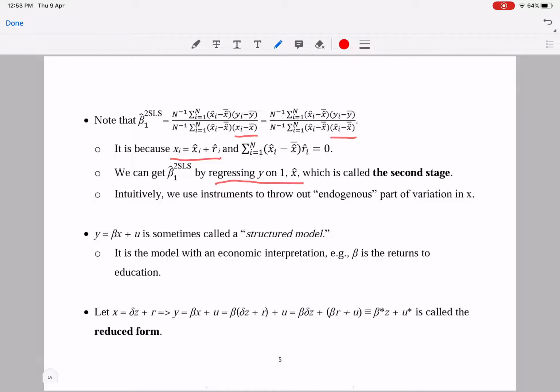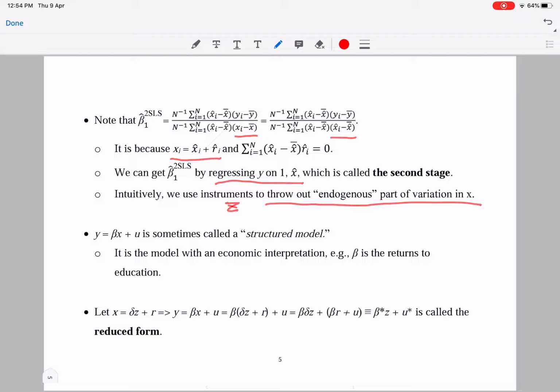Another thing here, because we know we can get the two-stage least squares from regressing y on x hat, intuitively you can think about we use an instrument z to throw out the endogenous part of x, right?